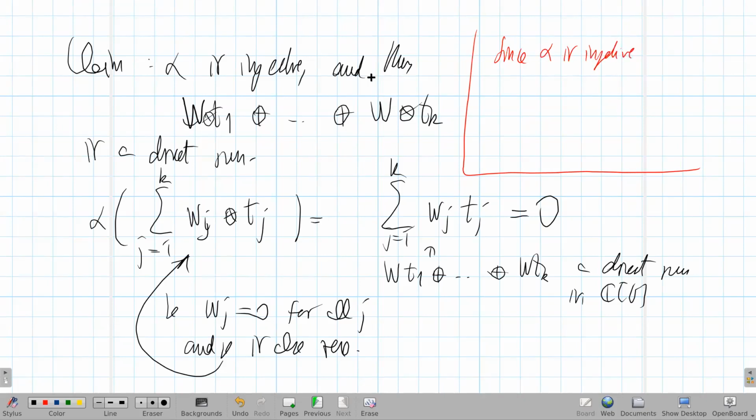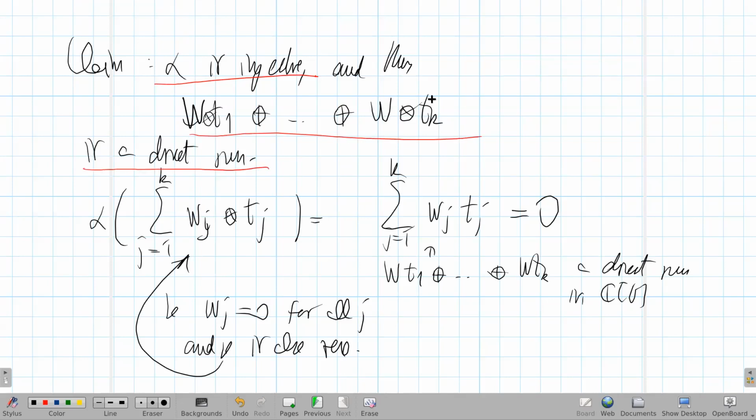And since alpha is injective, I'll skip the details, but it's what I had written here, no need to repeat it. It's not difficult to see that since alpha is injective because of this simple argument, then this is also a direct sum. So this means this is the induced representation.